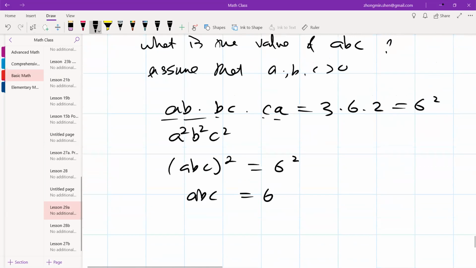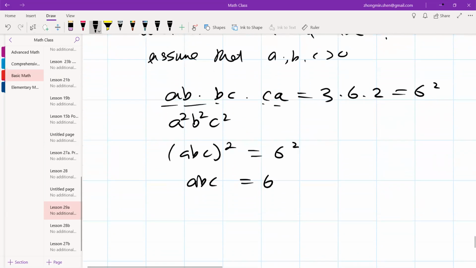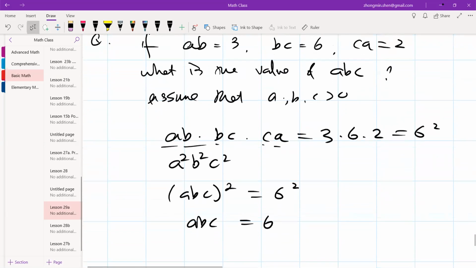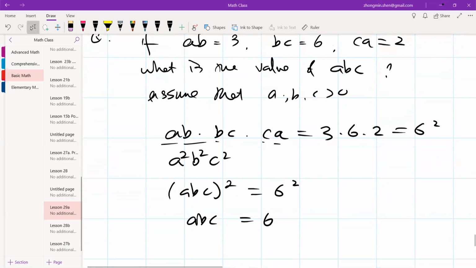Then ABC is going to be 6. Once you find ABC, then you can find A and B. Because A times B is 3, C equals ABC over AB, which is 6 over 3, so that's going to be 2. Then B is going to be ABC divided by AC.